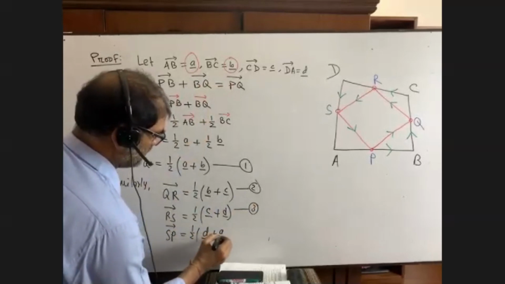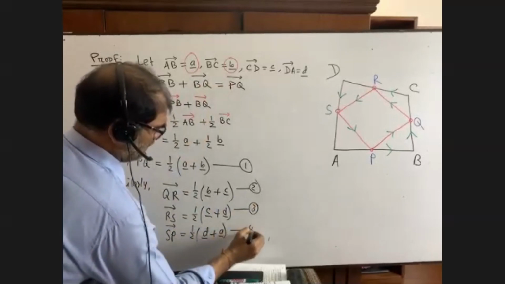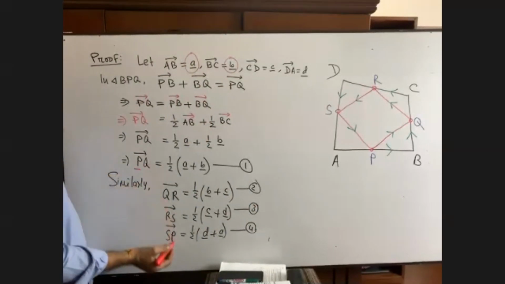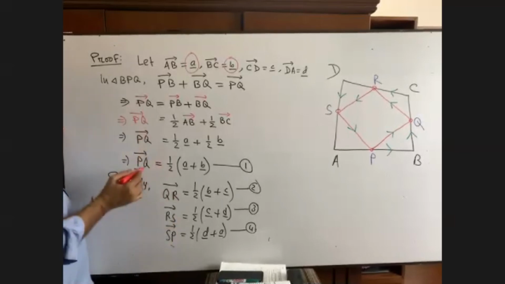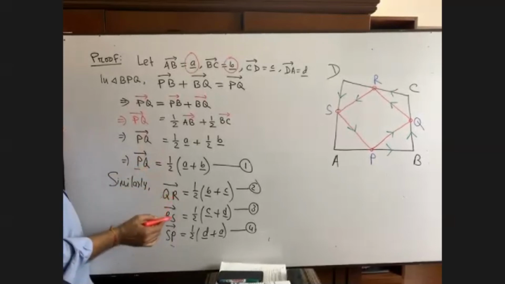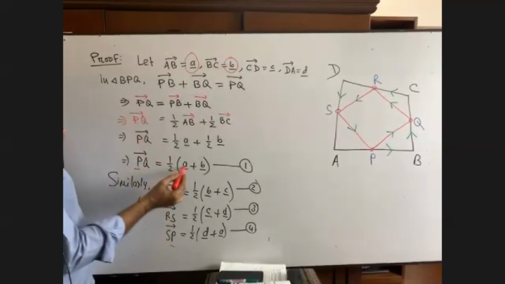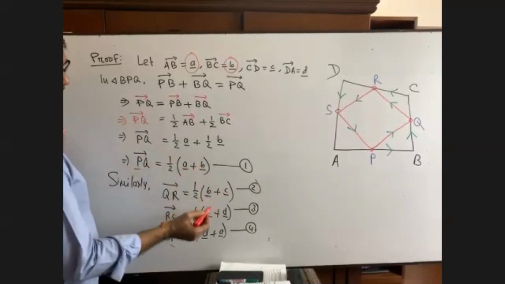I think you have been puzzled seeing these other three equations. Nothing to be puzzled about. Please try to understand. It starts with P, ends with P. Number one here ends with Q, here it started Q, Q, R, R, S, S, P, P. So AB, then BC, CD.